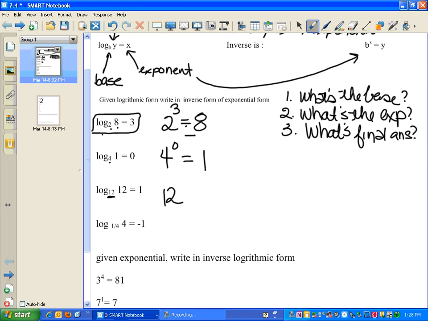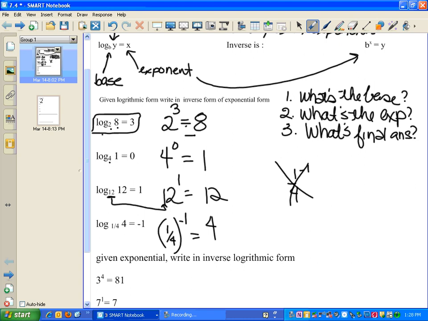And it's this 12, right? The exponent is? And the answer is? What's the base? 1/4. What's the exponent? Yeah, so I have to put that 1/4 in parentheses because all of that's being raised to the -1. If I just write 1/4 to the -1, I'm assuming that only the 1 has a negative exponent. Do you understand that? And is 1/4 to the -1 positive 4? Sure is, because you flip it, right? A negative exponent you have to flip.